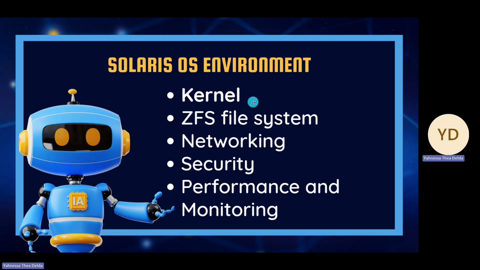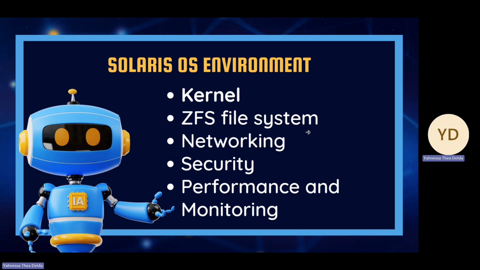First is the kernel. Solaris has a highly optimized modular kernel architecture, supporting features like virtual memory management and SMP. Next is the ZFS file system. Solaris uses the Zettabyte File System, or ZFS, which provides features like data integrity, automatic repair, and snapshots.